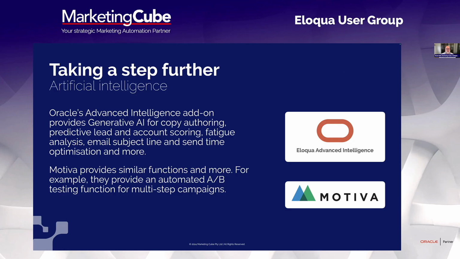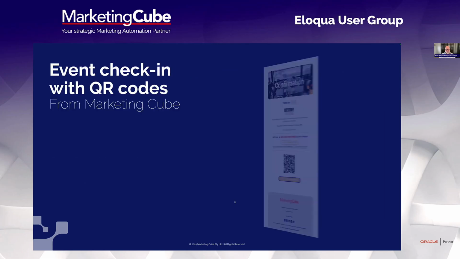But what I wanted to point out here, and the reason I wanted to highlight Motiva, is they do in fact have, through their app, which obviously is a paid service, an automated A/B testing function on a multi-step campaign. So, Danny, if you are on the call today, that could be something to consider and have a look at. You'll find lots of information about Motiva in the Oracle Cloud Marketplace, or obviously on their website as well.